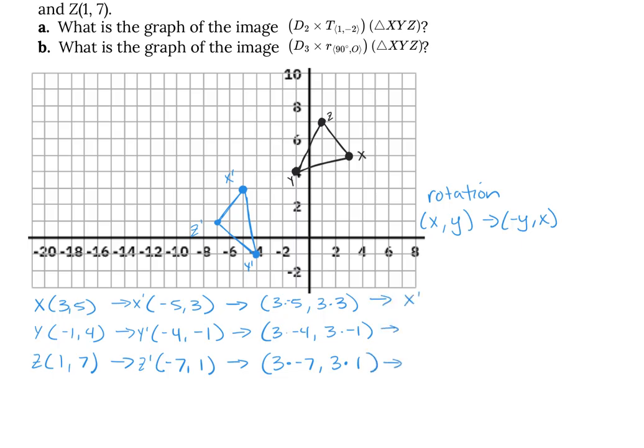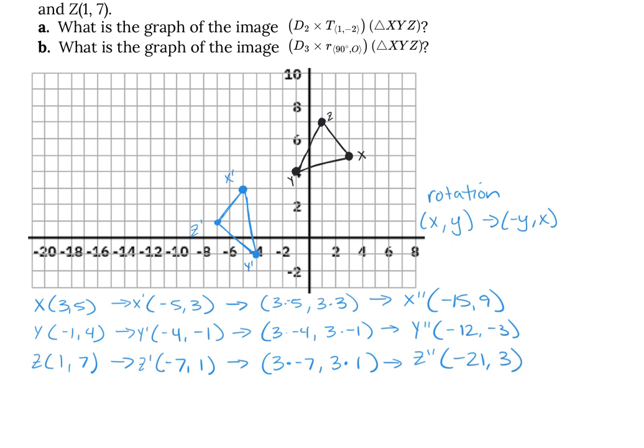So my x prime prime will end up being negative 15, 9. Y prime prime will end up negative 12, negative 3. And z prime prime will end up being negative 21, 3.